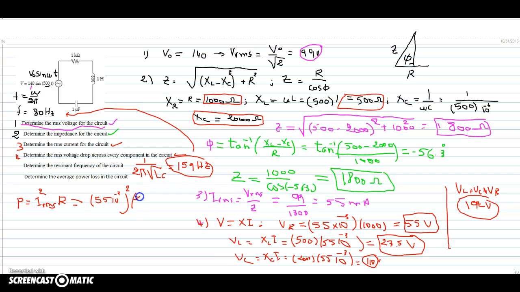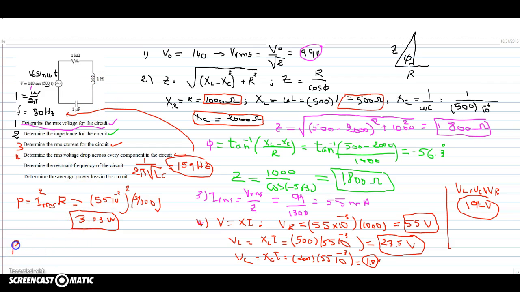So all done, you are going to find almost 0.3. Is it? Yes, 0.3. This is the power dissipated in R, because in C and L there is no power.